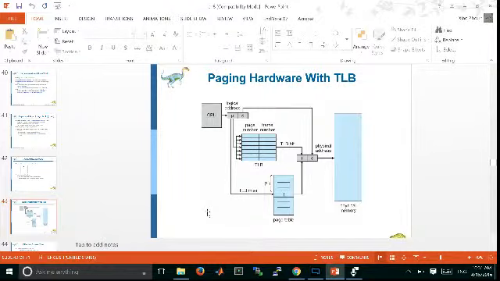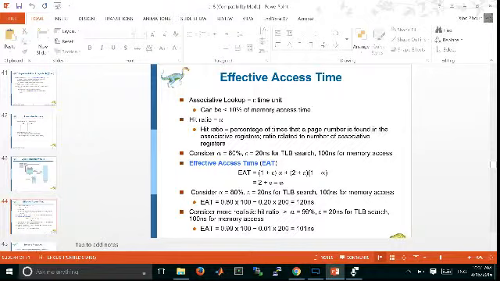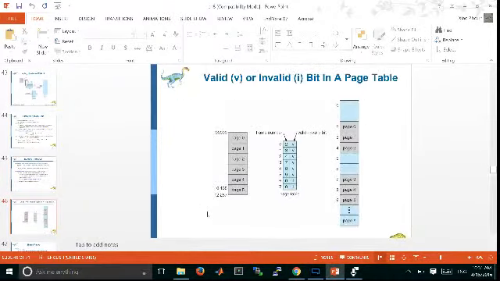We went through a little bit about effective access time, and now we got into protection. So we have this valid and invalid bit, and that allows us not only to show where there is no physical memory mapped, but also to generate a trap to the kernel if any access to that particular page is attempted.